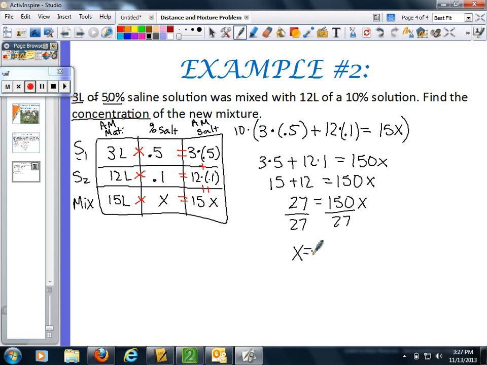And I made a mistake. 3 liters of 50% saline solution was mixed with 12 liters of 10% solution. Find the concentration of the new mixture. So that's 12 and 3 is 15.